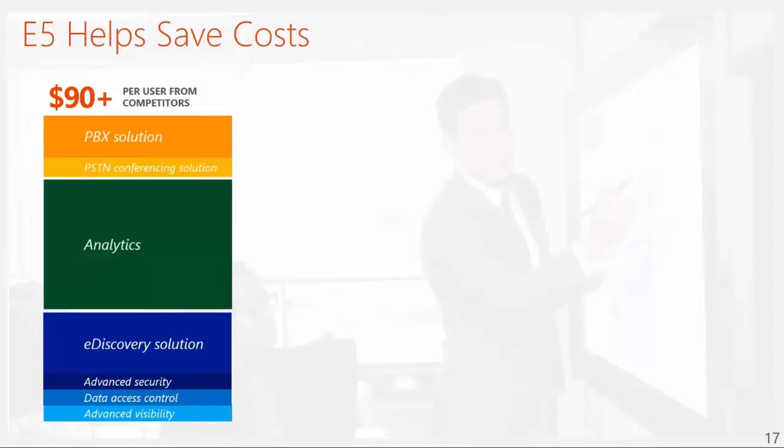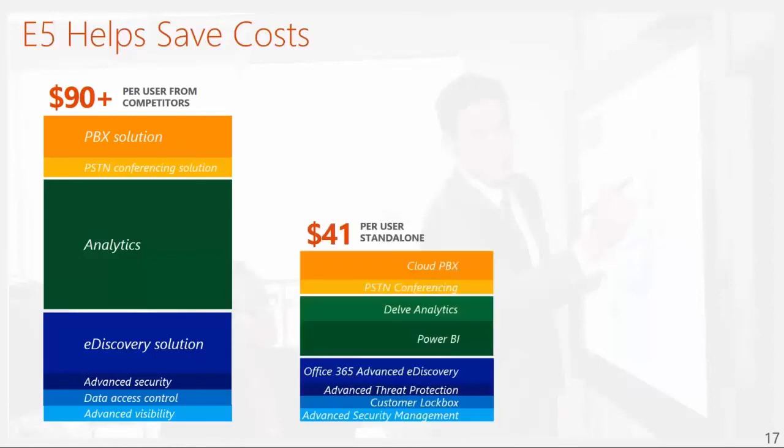And because Microsoft is Microsoft, and I'll be honest, sometimes they're more complicated than they need to be, it helps me to see what it would break down to, because sometimes I would need 1 or 2 of these for different user groups. Here's what they come out to if you were to purchase them individually. You have Cloud PBX.